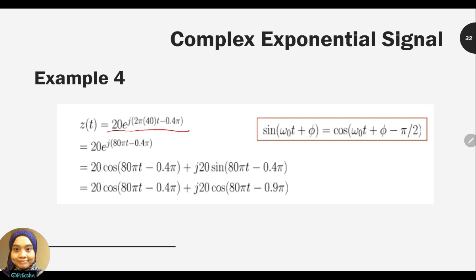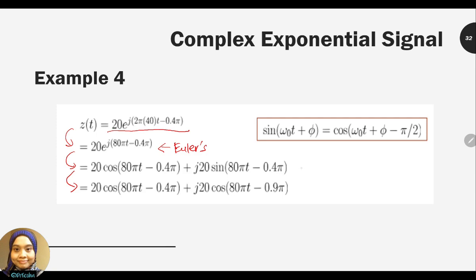This is an example, but it's already giving you the answer. So try to understand the step-by-step conversion between this line to this line, this line to this line, and this line to this line. For this part you need to use Euler's.